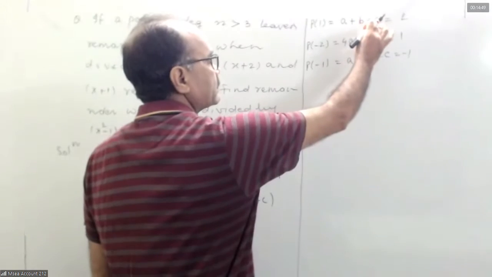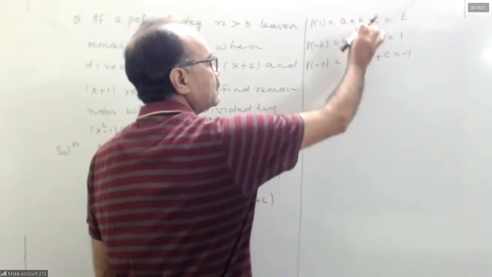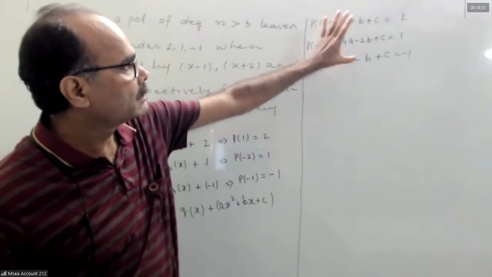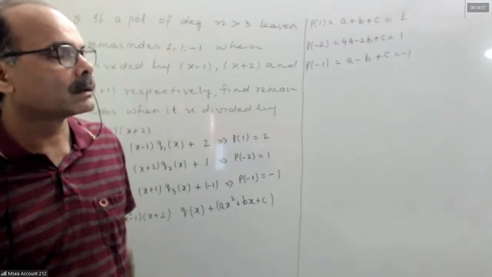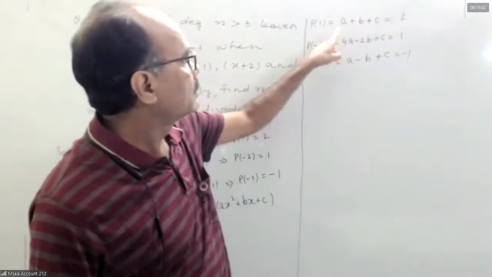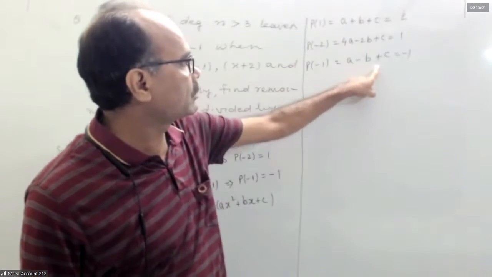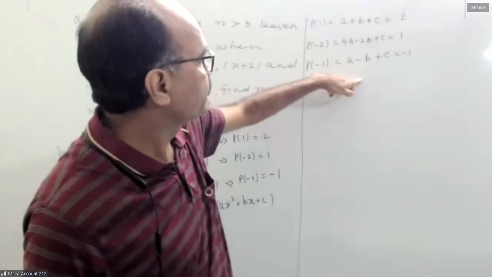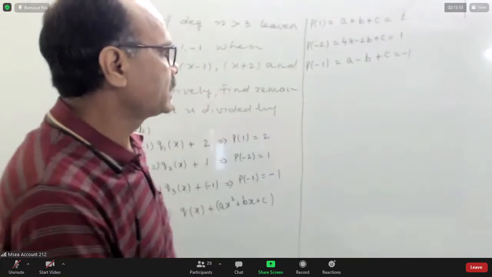So give me the values of A, B, C. Adding first and third, 2A plus 2C is 1. Or else subtract: 2B is 3, B is 3 by 2.